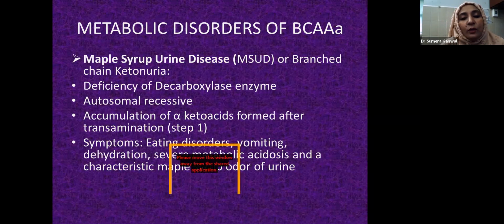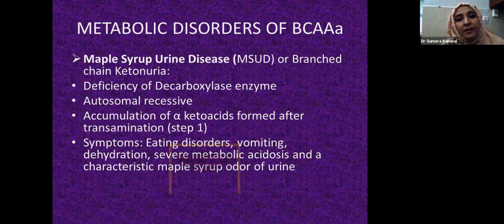As these alpha keto acids are elevated in the blood, they are excreted in the urine. The urine, which is concentrated with the alpha keto acids of these branched chain amino acids, has a characteristic odor, which is like maple syrup.